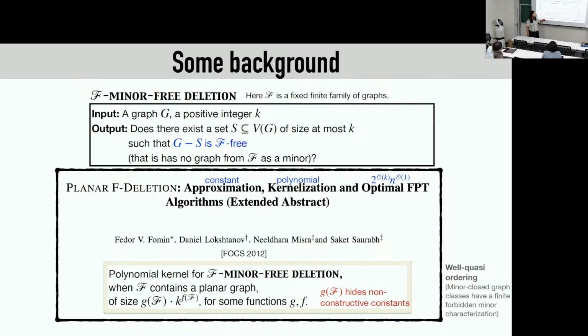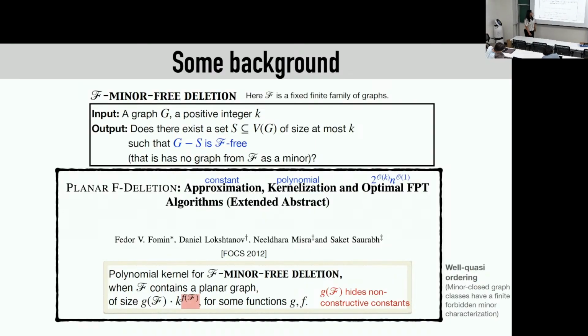The kernelization algorithm uses arguments where they look at some minor-closed graph classes, which by the well quasi-ordering theorem have some finite forbidden obstruction set. So the constants depend on the size of the graphs in this finite obstruction set, and we don't know this family explicitly for general F. So this is non-constructive, and this is actually the constructive thingy in the title, but it is non-constructive.